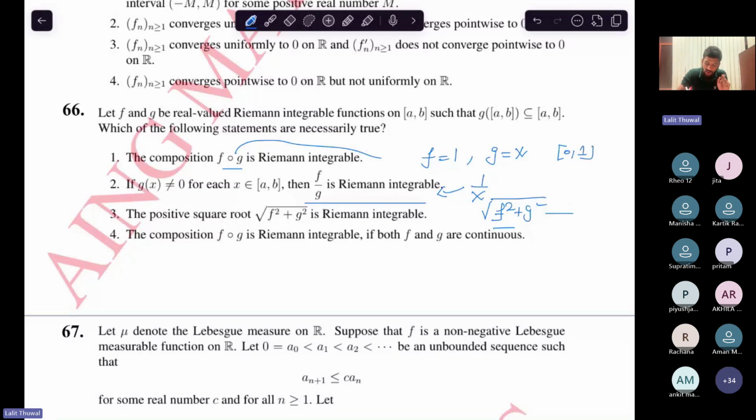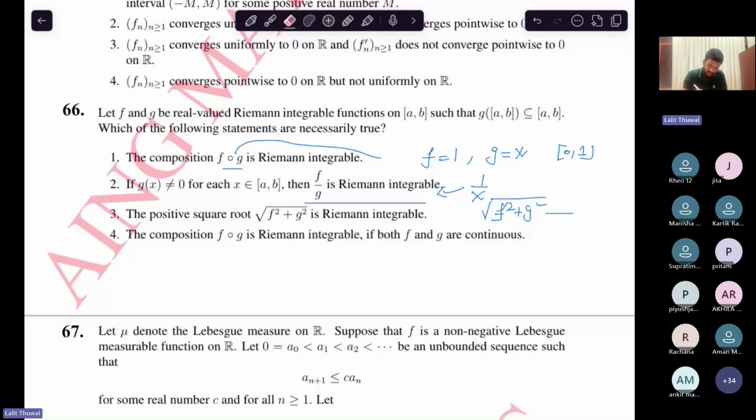Because wherever f square plus g square is continuous, if you compose the square root, you get continuity at that point. So the only discontinuity can be on those points where f square plus g square is discontinuous. That is continuous almost everywhere, in measure theoretic language. So this function is continuous almost everywhere, and that's why Riemann integrable.